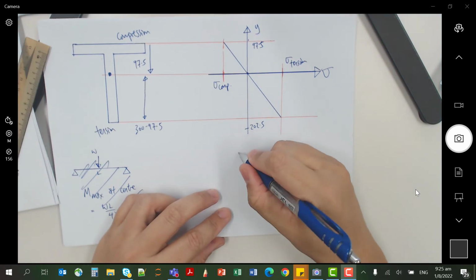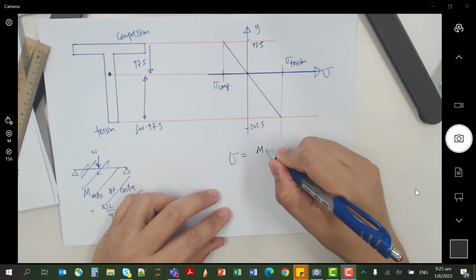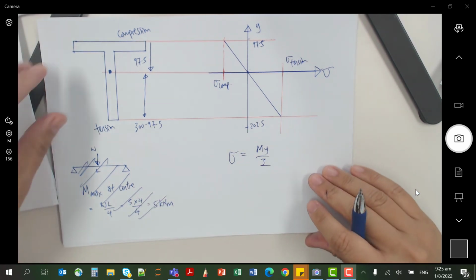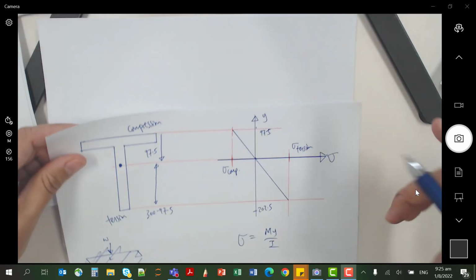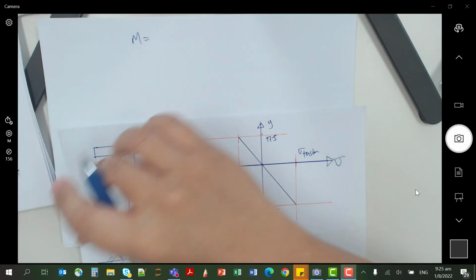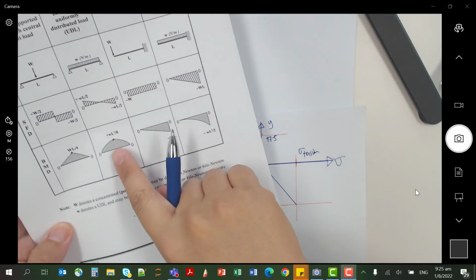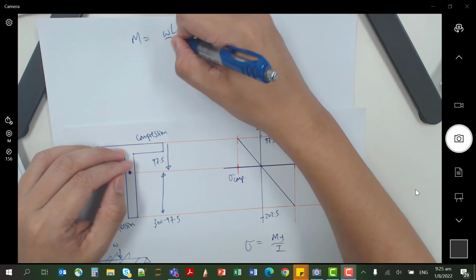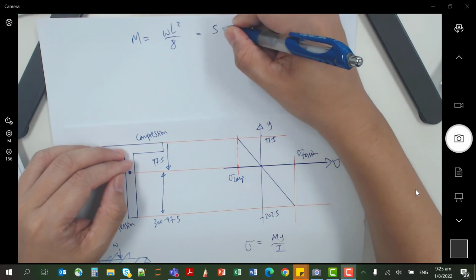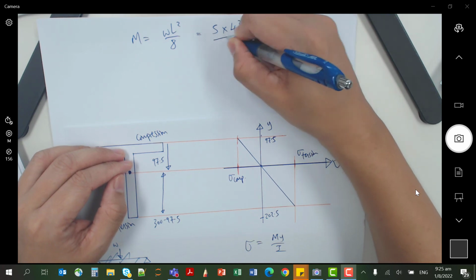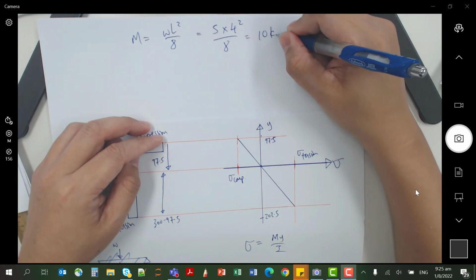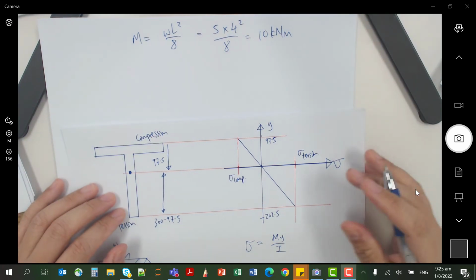In order to use sigma equals My over I, you need to find the moment first. The moment for this case, as I just showed you, is WL square over 8, which is 5 times 4 square over 8, which is 10 kilonewton meters.